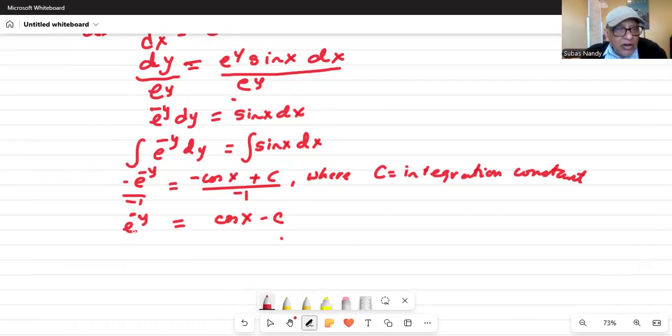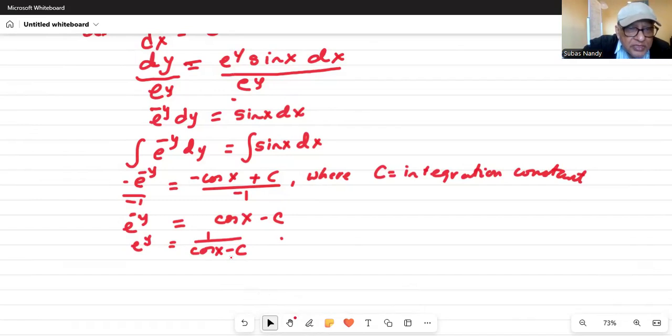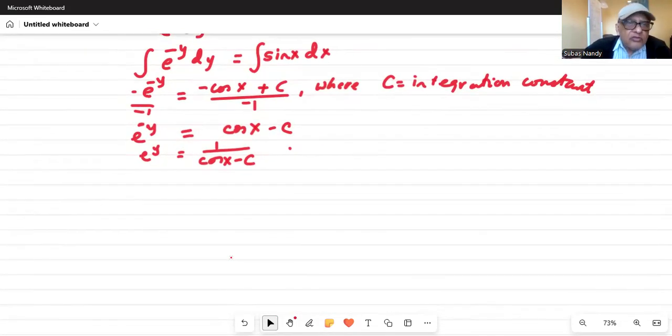Or I can write e to the power of y is equal to 1 over cosine x minus c. So let me create some more space. I just flipped over. Or let me just not jump steps.